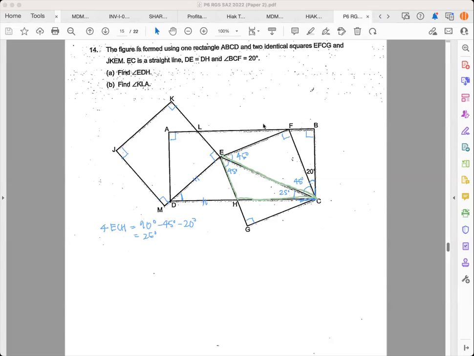So let's find what this angle is. Angle EHC will be equal to 180 minus 45, this one, minus 25, you get 110. So this is 110.